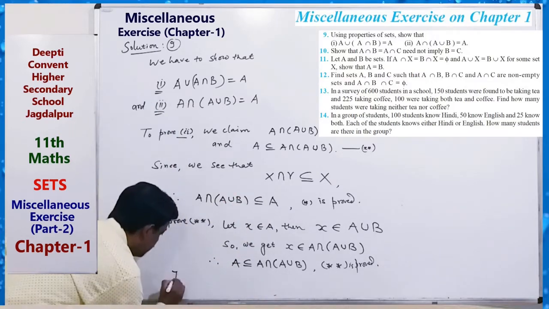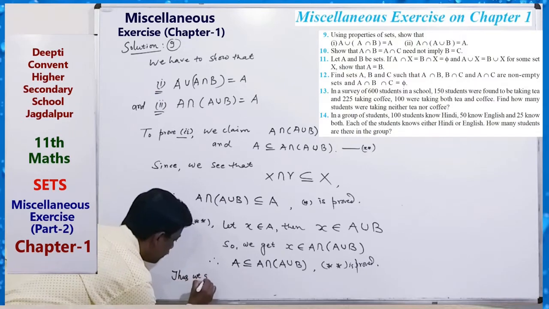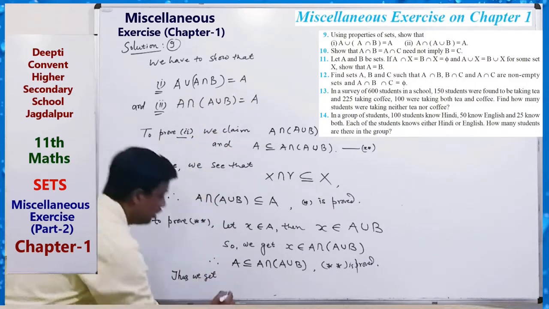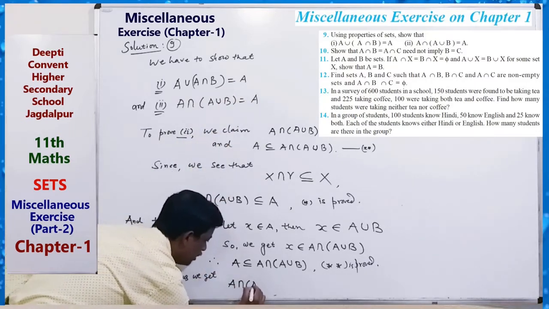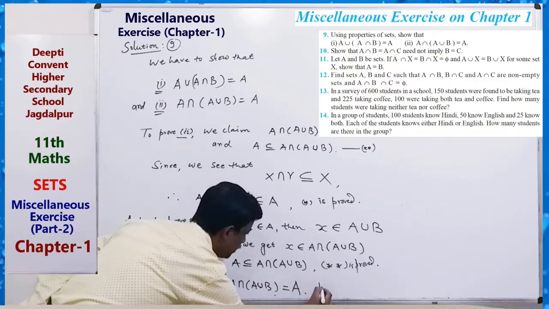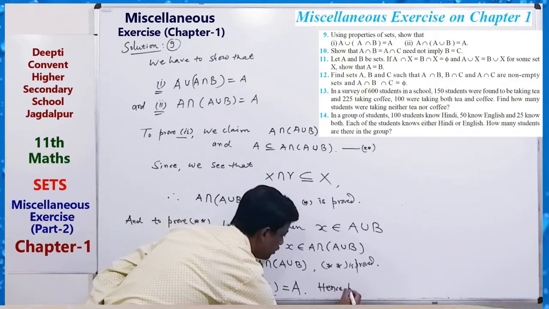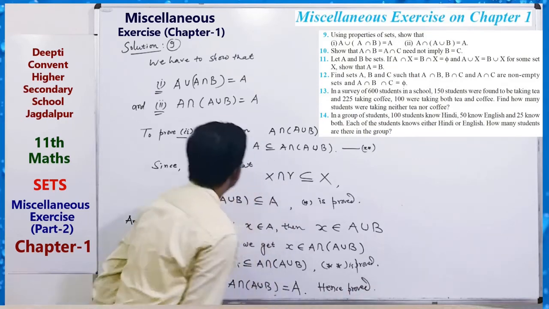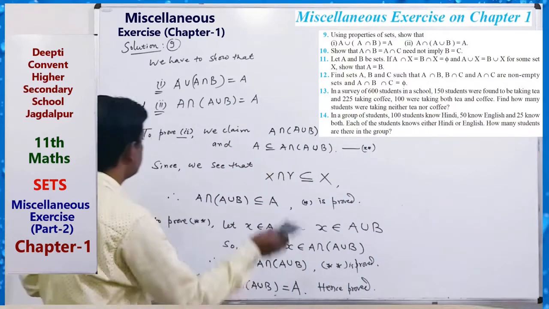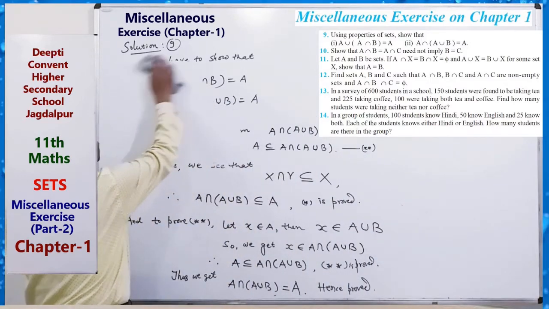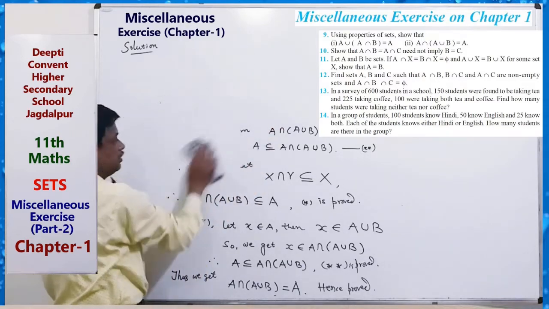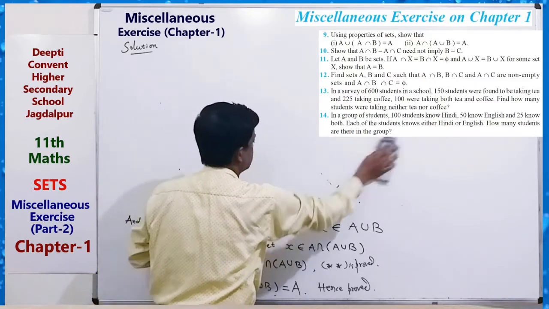Thus we get A intersection A union B is equal to A. Hence proved. So this was the solution of question 9. Okay. So you have to do it in your copy and just remember how to give logic to the proof of a relation between sets.